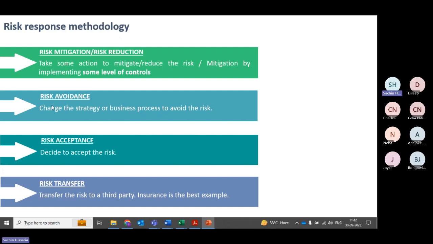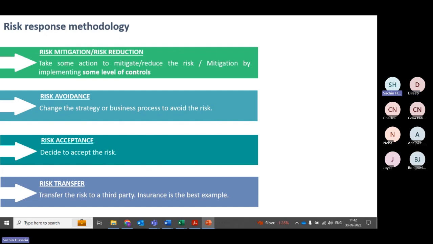What is risk avoidance? It is changing the strategies or a business process to avoid the risk. Suppose a risk is associated with a process and you have eliminated that process. That is risk avoidance. When I say risk acceptance, what does it mean? You have decided to accept the risk as is. You are not taking any actions.